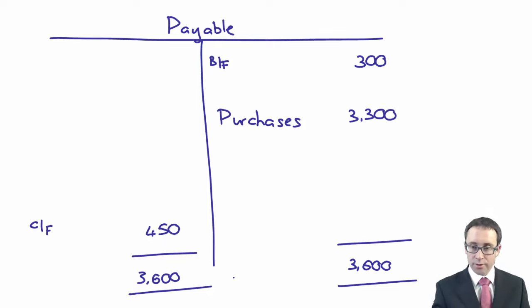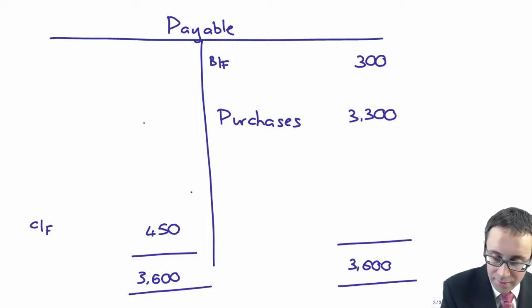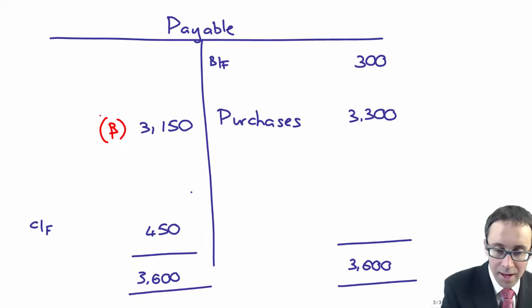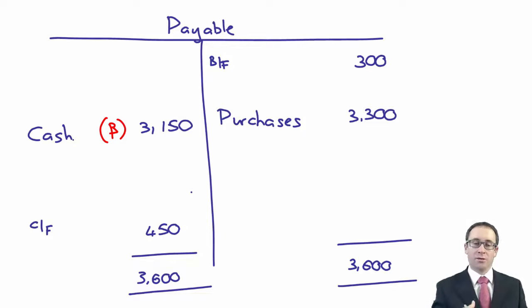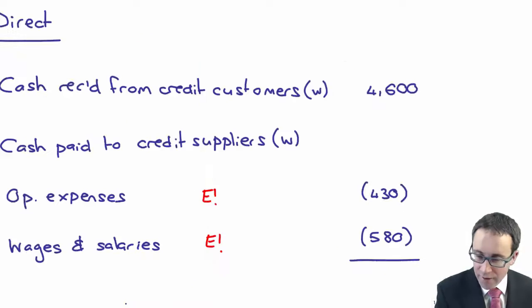That gives you 3,600, and that gives me a balancing figure of 3,150. Again, that entry is a cash entry, as you've credited bank, careful, credited bank and debited your payables. Okay, excellent. So you've got there 3,150 as an outflow.